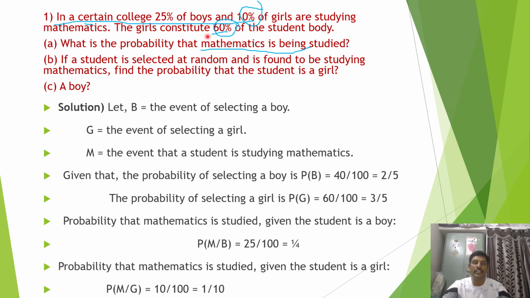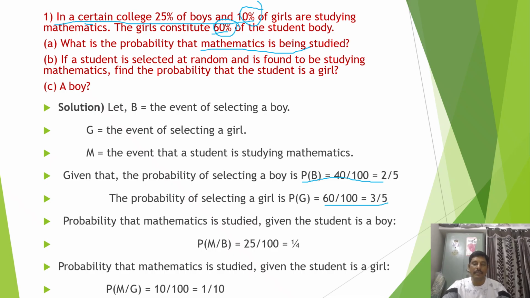Because in the total strength 60% of the students are girls. That means the remaining percentage of the students are boys, obviously. So P of B is equal to 40 by 100. And the probability of selecting a girl, obviously it is given in the problem, 60%. So P of G is equal to 60 by 100.